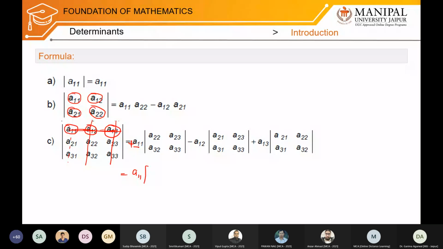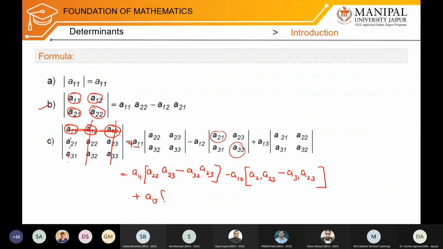Then we can easily find the determinant for the 2 cross 2 matrices, like this. We'll multiply A22 times A33, minus A32 times A23, minus A12 times (A21 times A33 minus A31 times A23), plus A13 times (A21 A32 minus A31 A22).